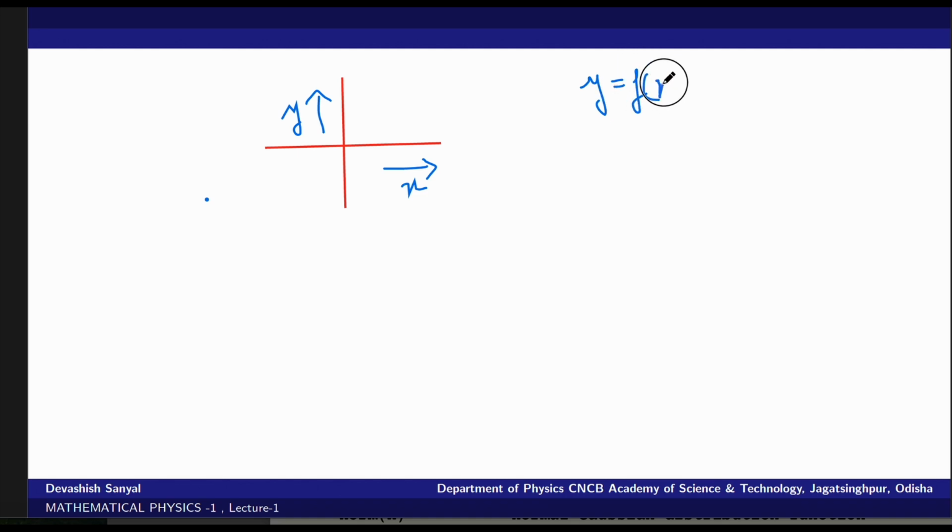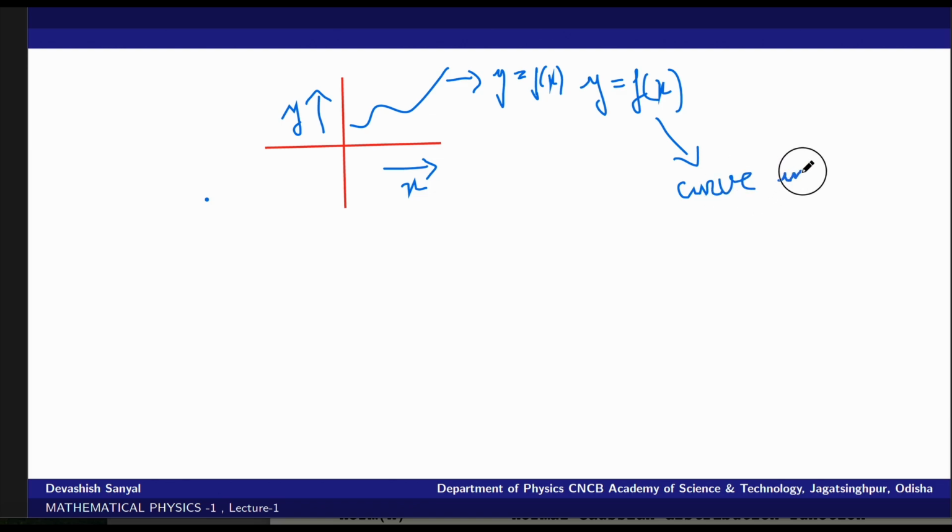In 2 dimensions, it can be a curve like this. So this is my y is equal to f(x). It's a curve in 2D. This is important: in 2 dimensions, y is equal to f(x) is a curve in 2D.